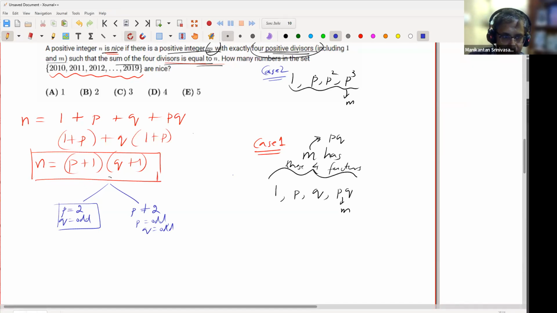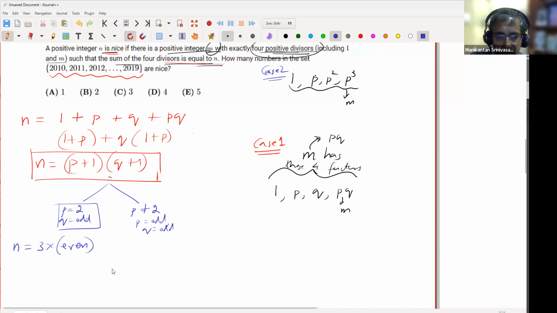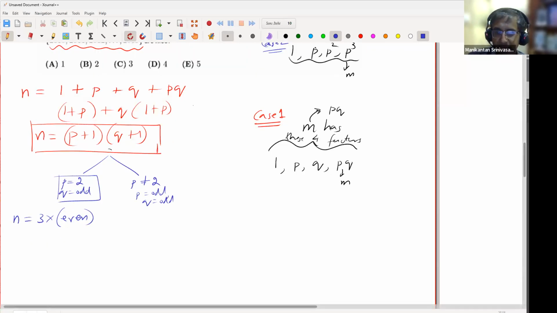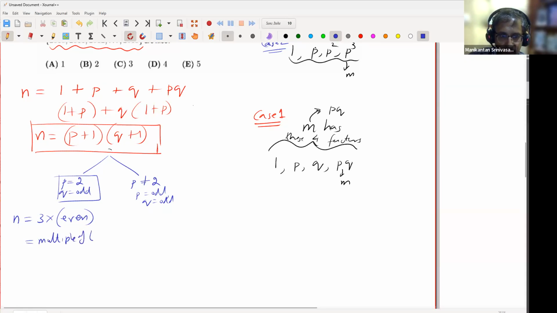So N becomes P plus 1, which is 3, times Q plus 1, which is even. Correct? So it means N is 3 times an even number, which means N is a multiple of 6.